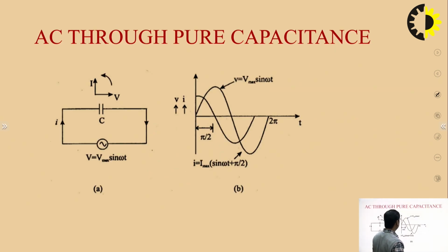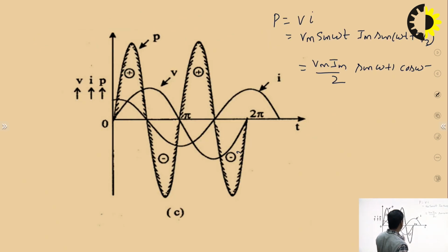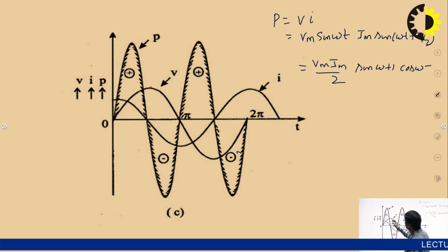As you can also see from this particular waveform, for this period when the voltage is increasing, the current is decreasing till the voltage becomes maximum, at which point the current will be 0. Then when the voltage is decreasing, the current will be going like this, and when the voltage is 0, the current will be at peak in the upward direction.